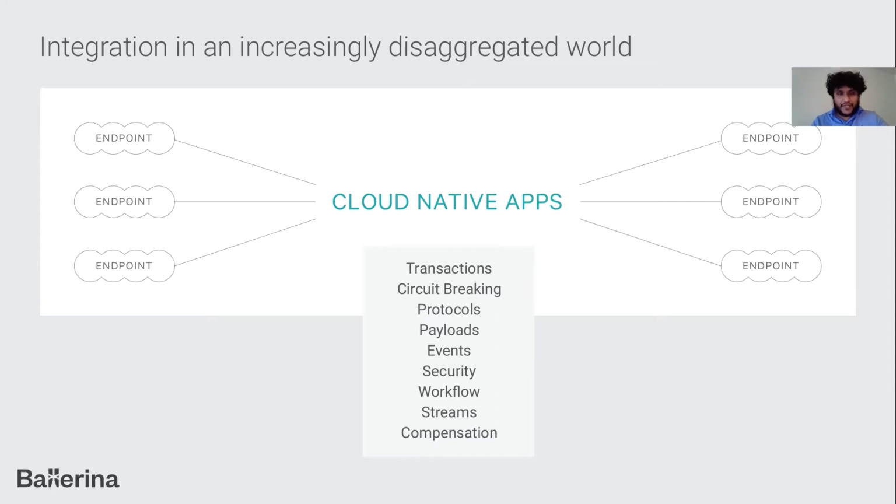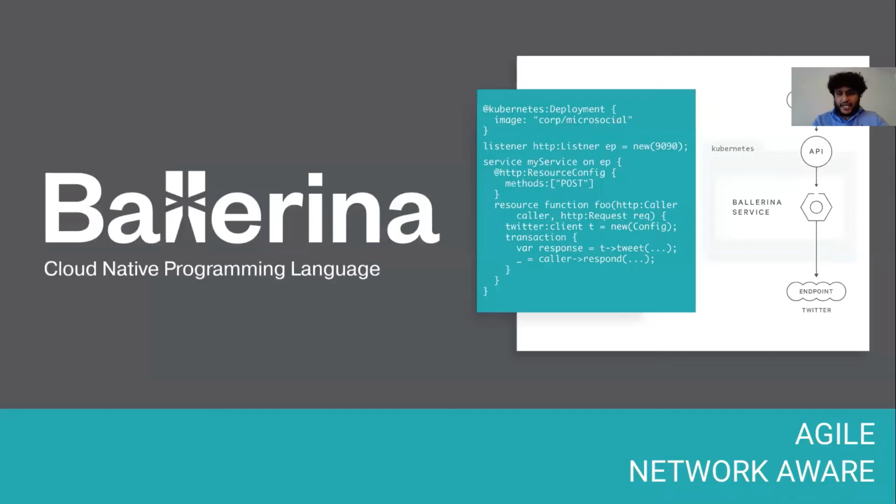So what we have tried to do with Ballerina is to create a programming language from the ground up by having these concepts of cloud nativeness inbuilt to the language itself. So basically, it's a language that is agile and network aware. The Ballerina language knows about network endpoints.